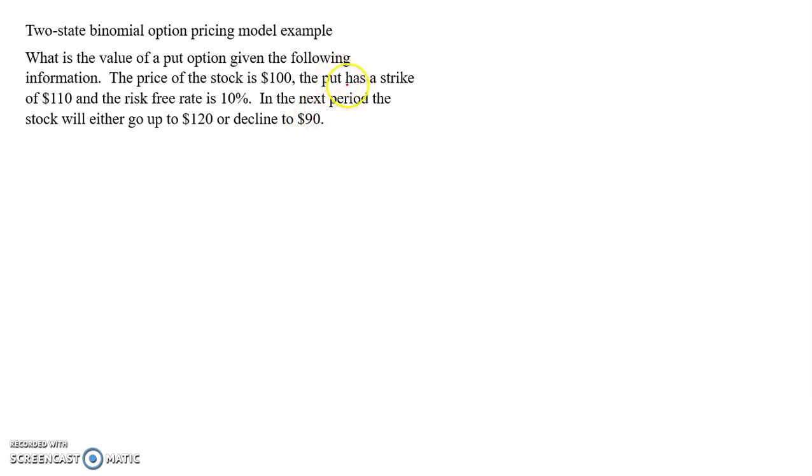So all right, again we have the stock and the current value is 100, and it can either go to 120 or decline to 90. So then the value of the put option in the up state is 0.